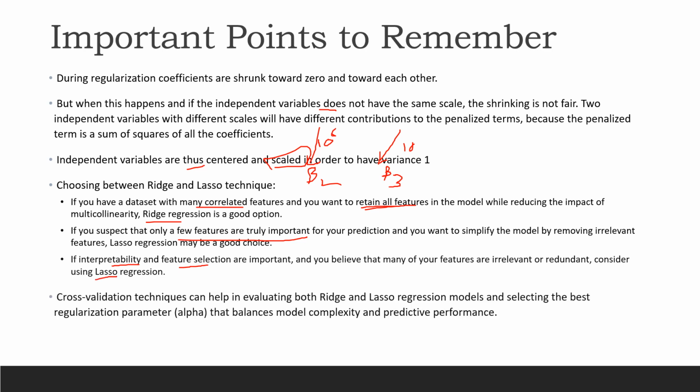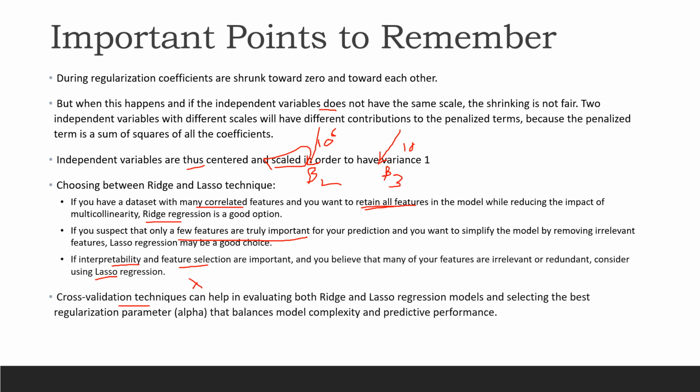Ultimately, whatever technique we use, ridge or lasso, there is a technique called cross validation, which is the hyperparameter tuning part. How lambda is tuned by cross validating will be covered in the upcoming explanation.